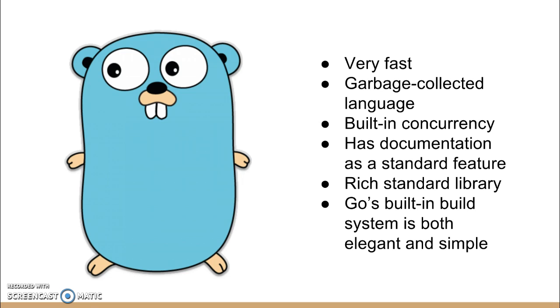It also has built-in concurrency, much better than in C, where we have to type in pthread and go through all the headache of mutexes and locks. This is a language built to deal with concurrency.